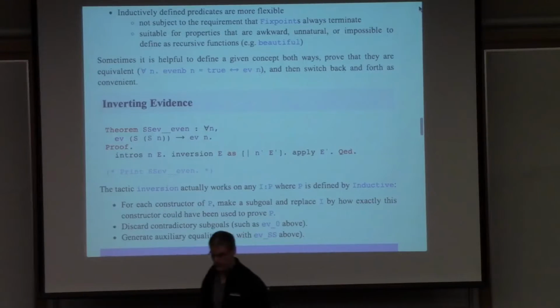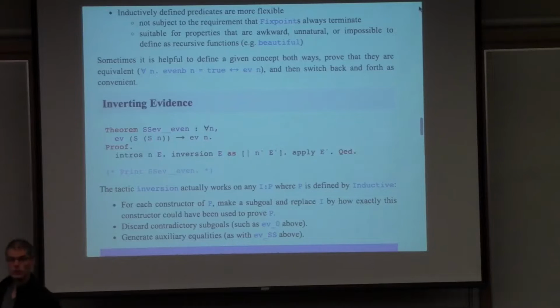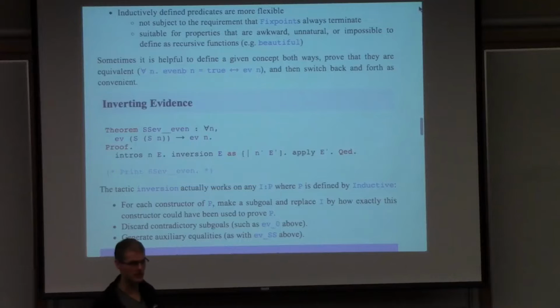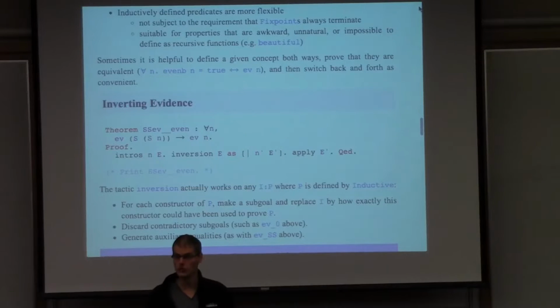Here's one last thing we can do with evidence. We can do inversion on it, and this is also something that we often do in the kind of proofs that come up in meta theory of programming languages and logics.